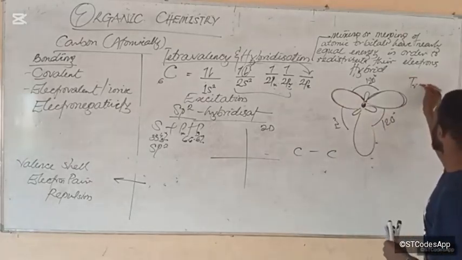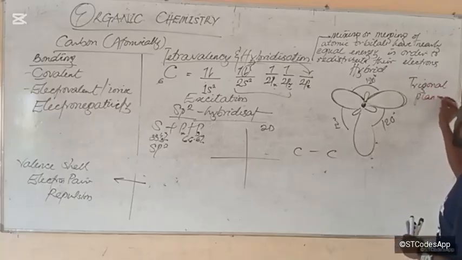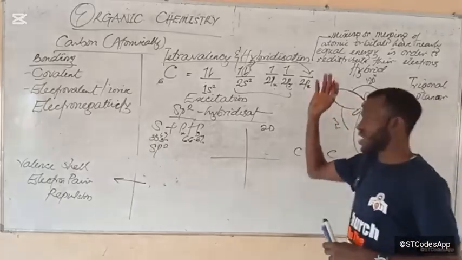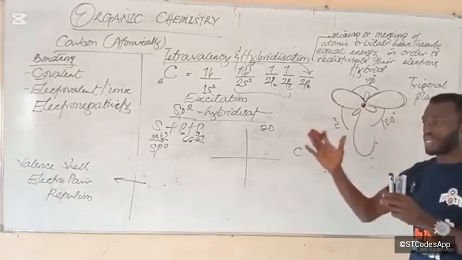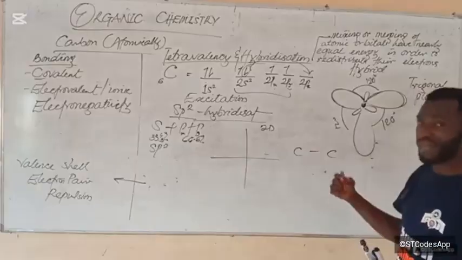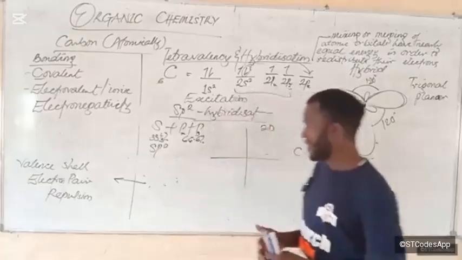The shape that is formed is a trigonal planar shape. It is planar because it's going to be on two axes. Trigonal planar, or triangular planar.